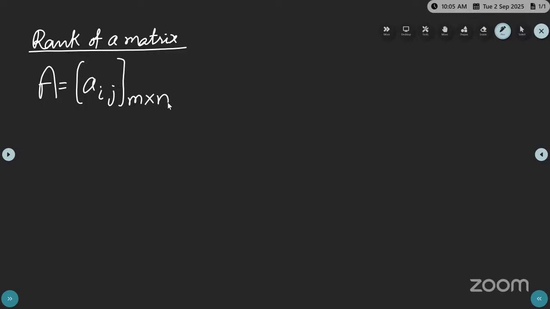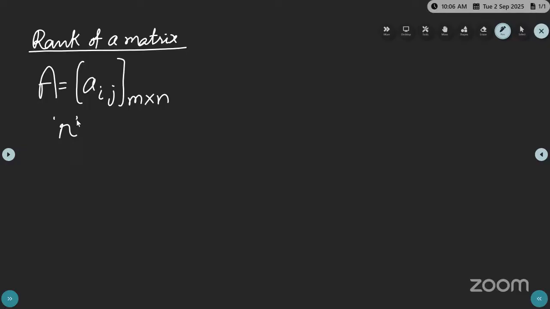Just eliminate some rows and columns. Try to keep only R number of rows and R number of columns. Then you are going to get a submatrix. As in sets, by deleting some of the elements, you get a subset. Here in a matrix, eliminate some rows and columns.